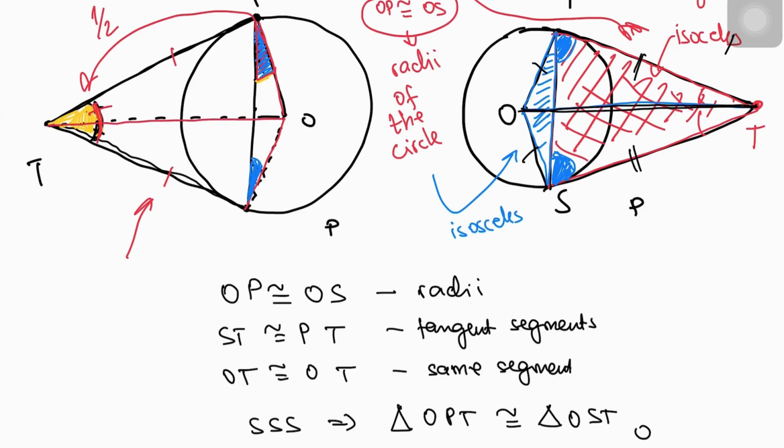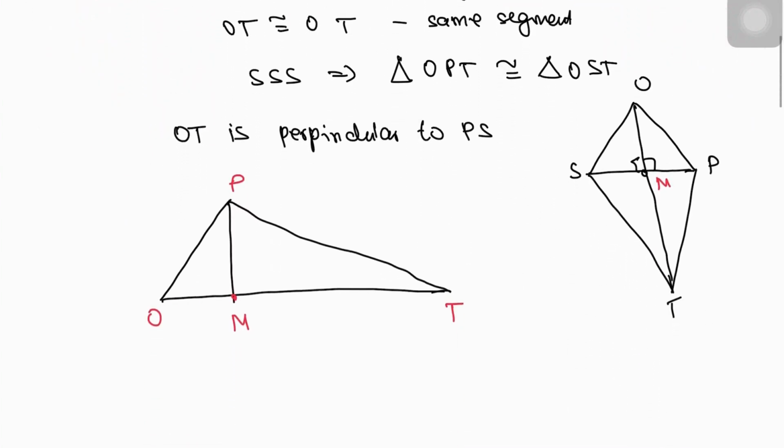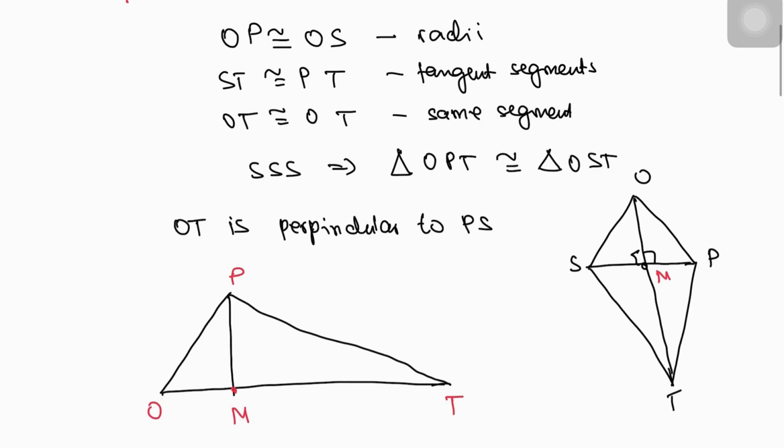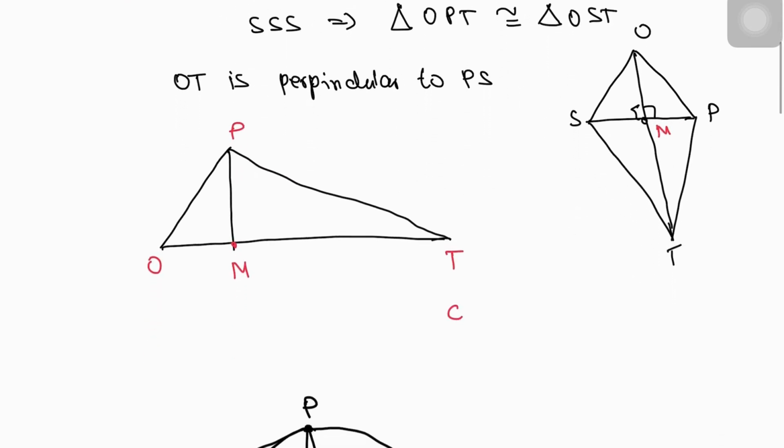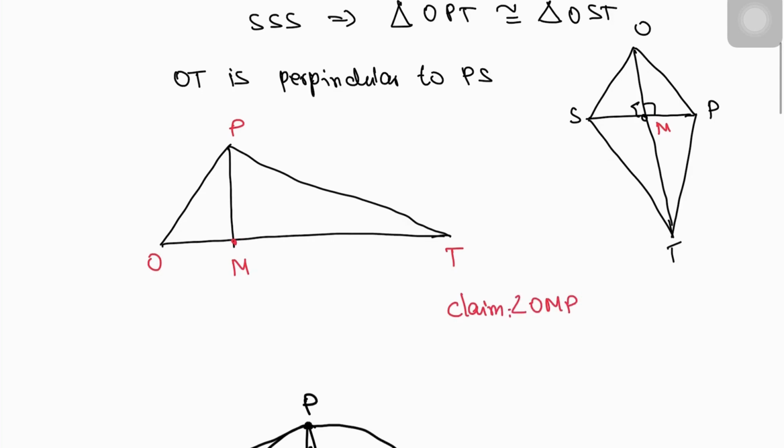So one strategy, and sadly not the only one, is to claim that triangle OMP is similar, not congruent, similar to OPT.